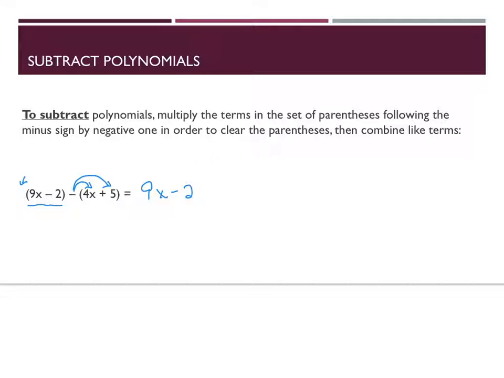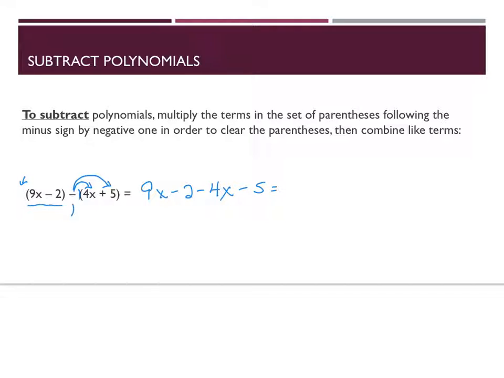The negative, or negative 1, has to get multiplied by both of the terms inside the second parenthesis. So negative times positive is going to be negative 4x. Negative times positive is going to be negative 5.